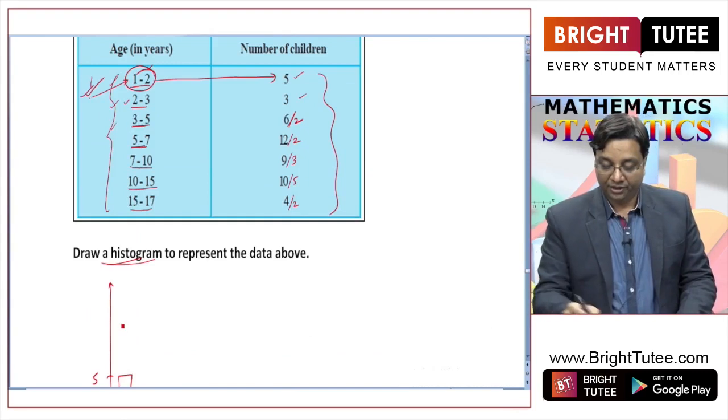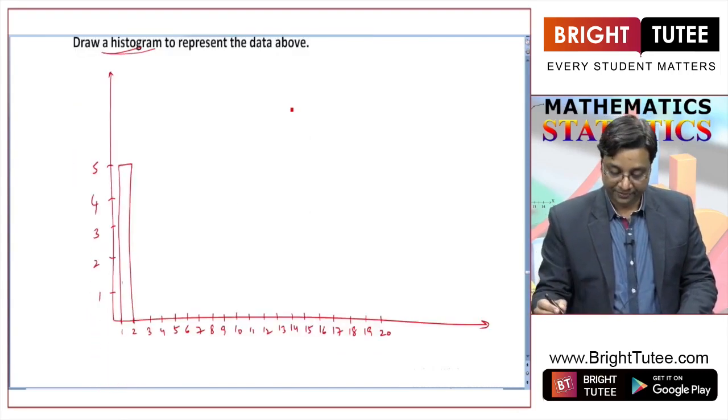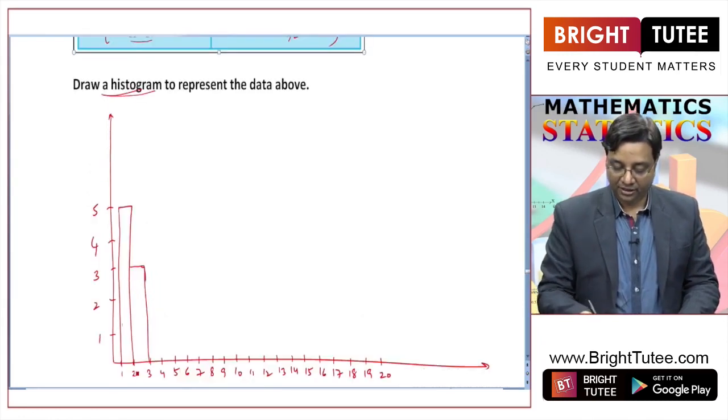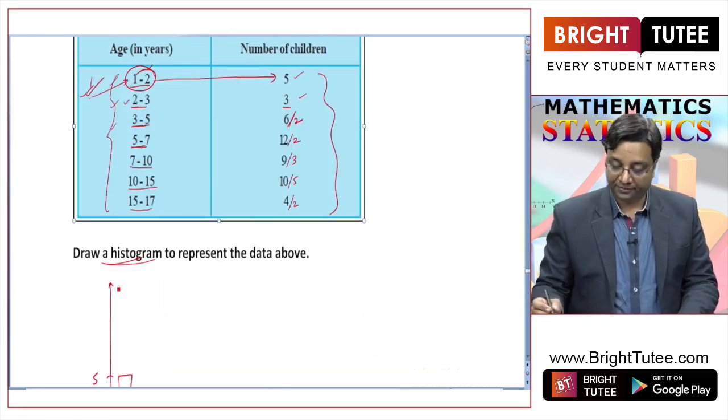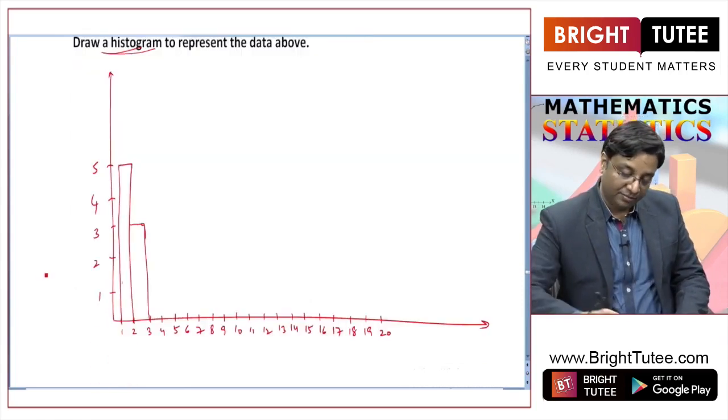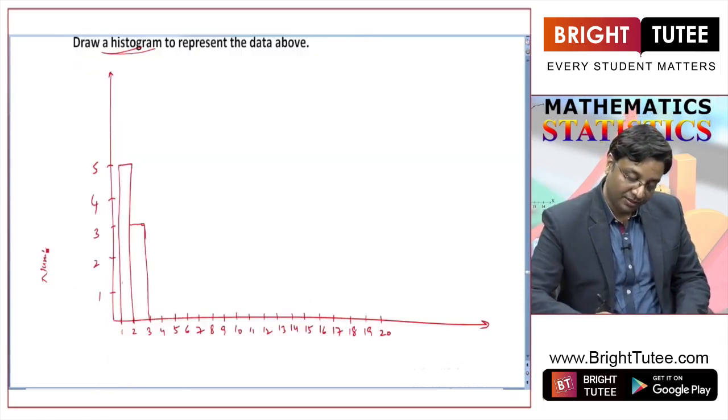Okay, between 2 to 3, it is 3. So we continue this graph as one solid graph without any gaps horizontally. So the height between 2 to 3 is 3. What are these heights? These are number of children.